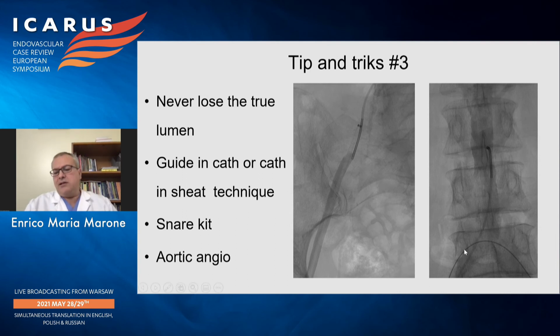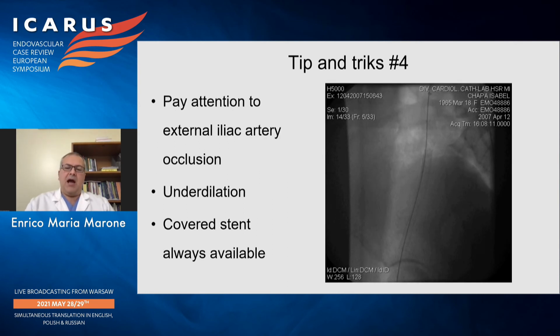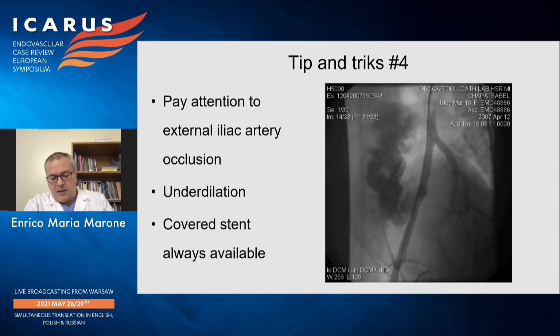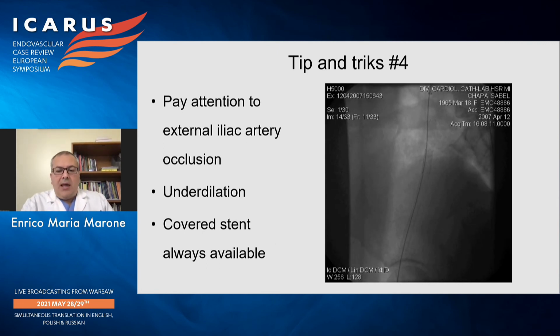In this way, it's possible to preserve the guide wire in the true lumen, and we can perform a predilatation of the occlusion, obtaining a lumen from the aorta on the side we want to treat.